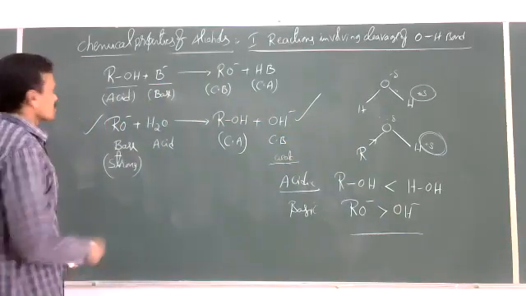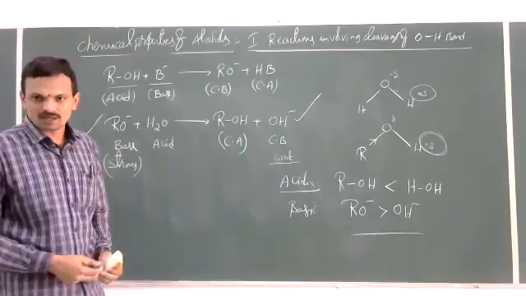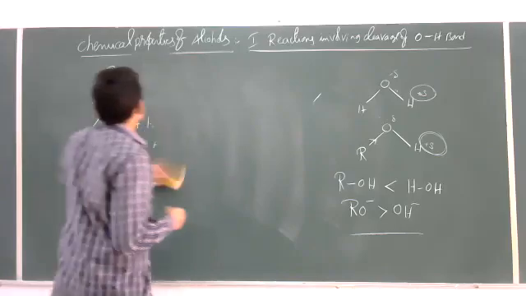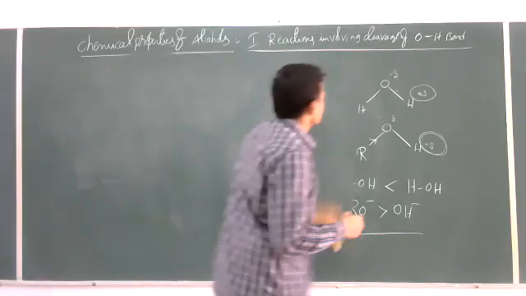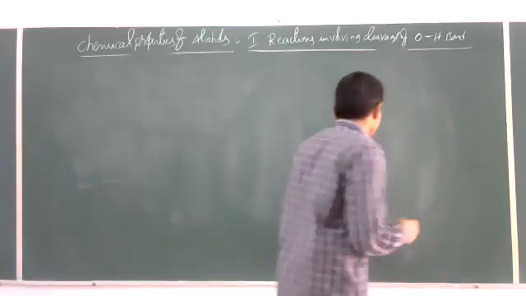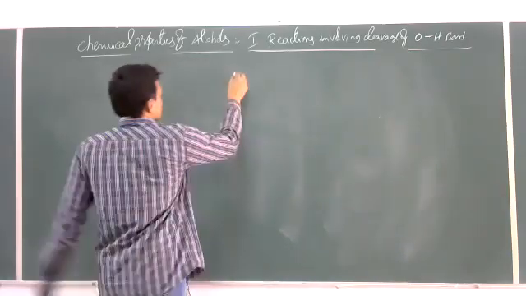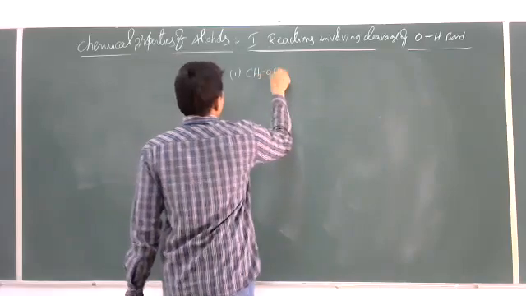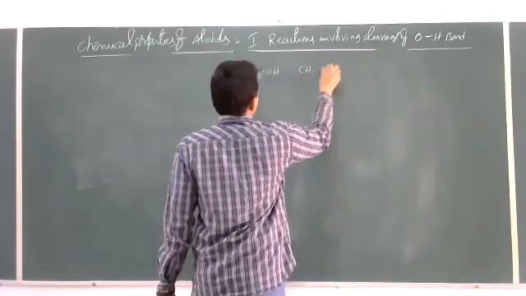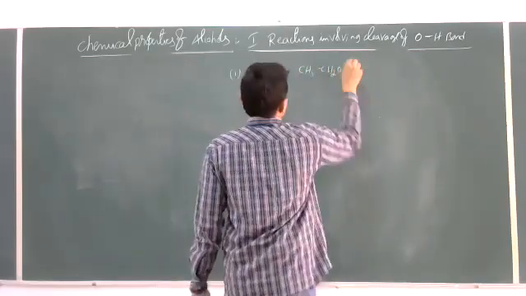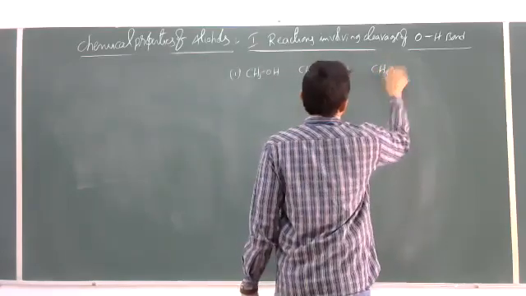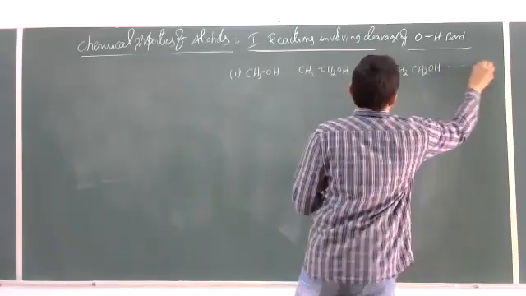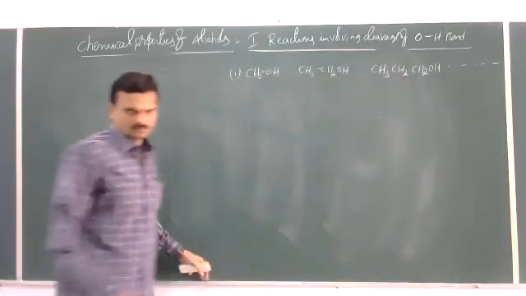Then what is the order of acidic nature for different types of alcohols? Let us see right now. Methyl alcohol, ethyl alcohol, propyl alcohol, and so on.